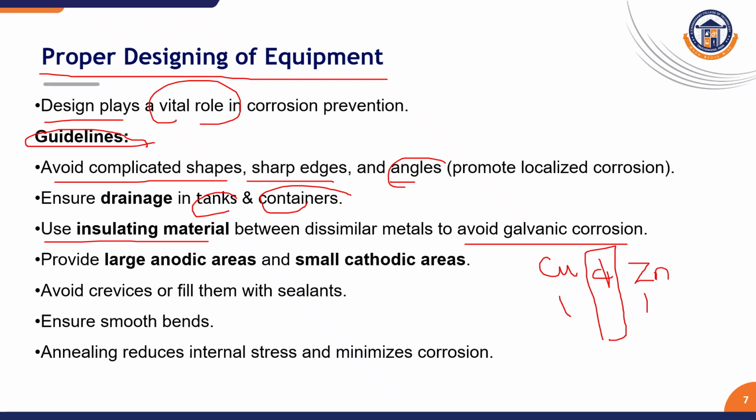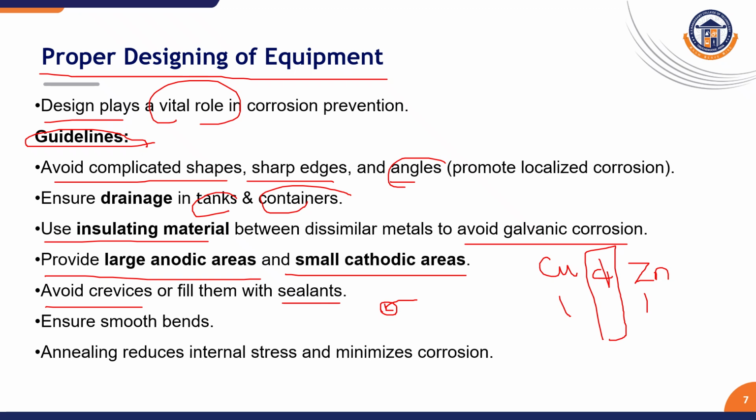Another way is to provide large anodic areas and small cathodic areas. Next, avoid crevices or fill them with sealant. If there is any crevice or hole in the metal, moisture will enter.